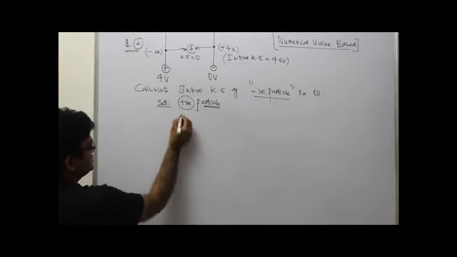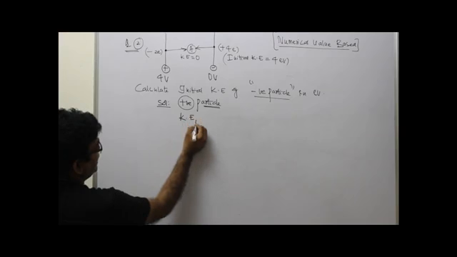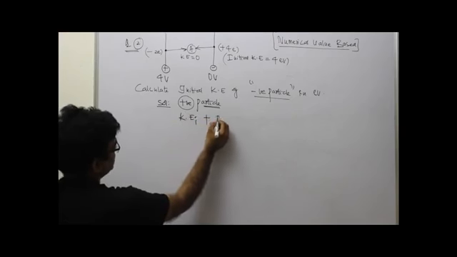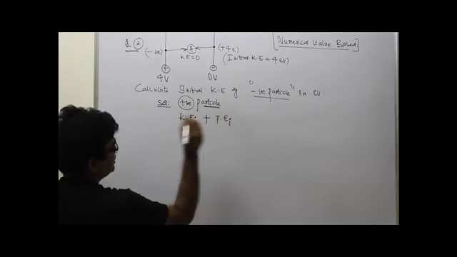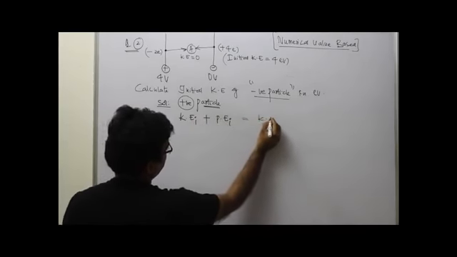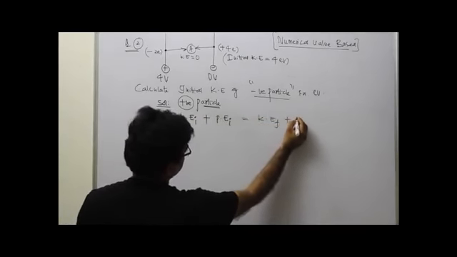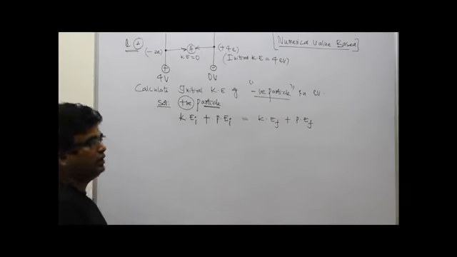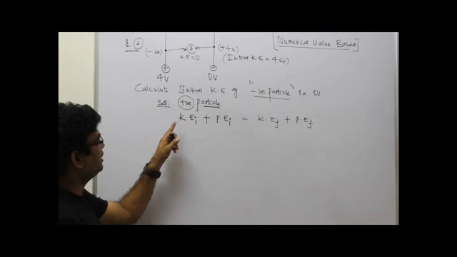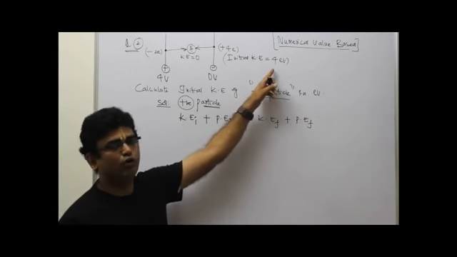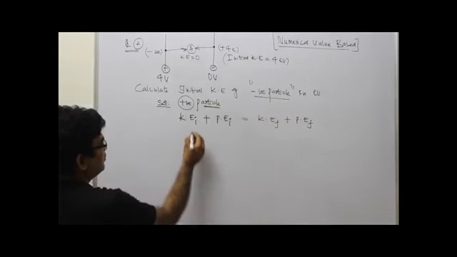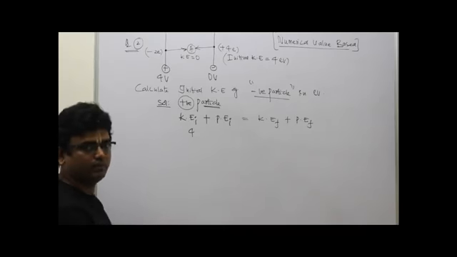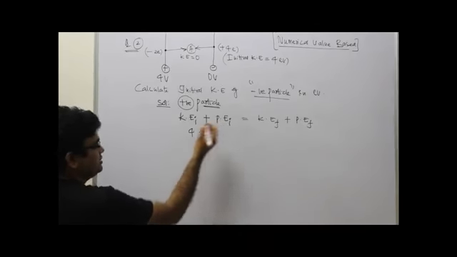My principle here is initial kinetic energy plus initial potential energy is equal to final kinetic energy plus final potential energy. For the positive particle, what is the initial kinetic energy given? 4 electron volt. 4 plus potential energy.